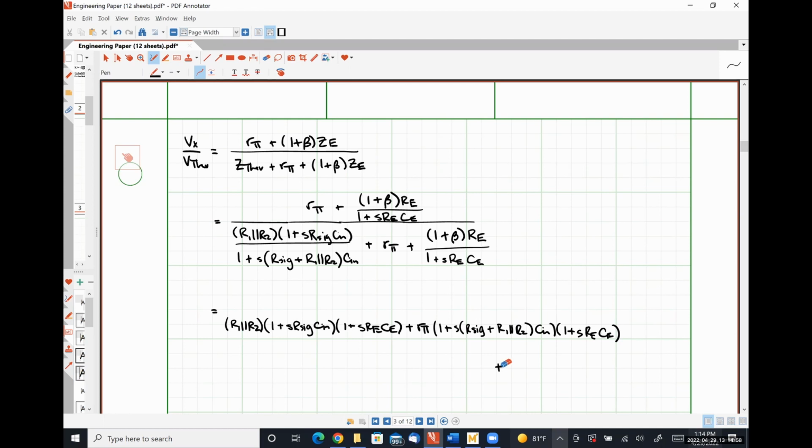Actually, let me back this plus sign up just a little bit so that I don't cramp things. 1 plus beta RE times 1 plus s (Rsig plus R1 in parallel with R2) times Cn. Close that out. So that's my denominator. All of this is denominator.